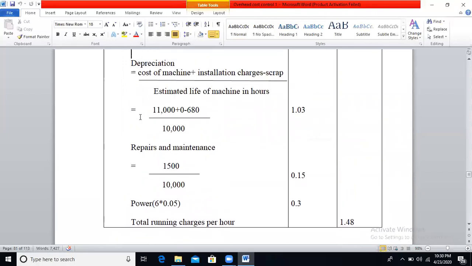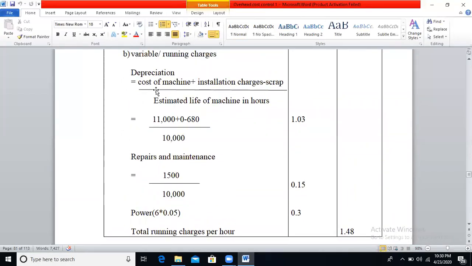So how to calculate depreciation? Using the formula: take the cost of machine plus installation charges minus scrap, divided by estimated life of machine in hours. So here cost of machine will be 11,000. There is no installation charges, that's why I have considered it as 0. Minus scrap value will be 680, divided by estimated life of machine in hours.